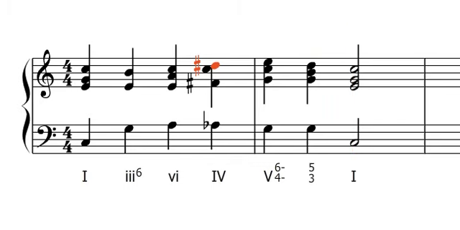Finally, if I wanted to get augmented sixth happy, we could put an augmented sixth in this chord. So again, let's move the B to here and make it flat.